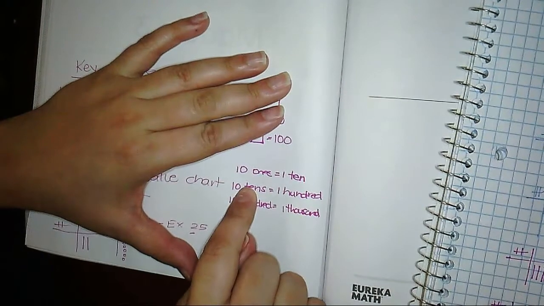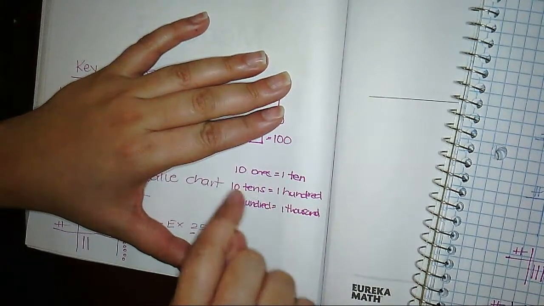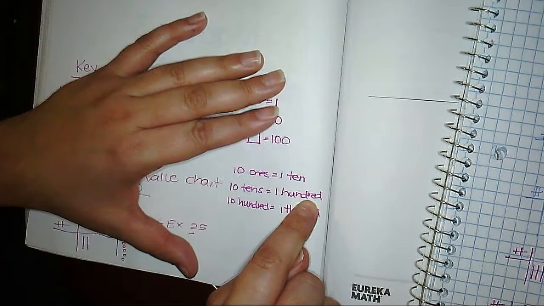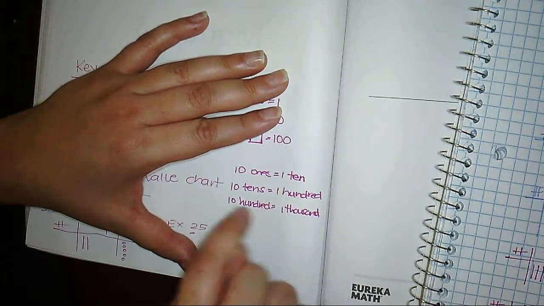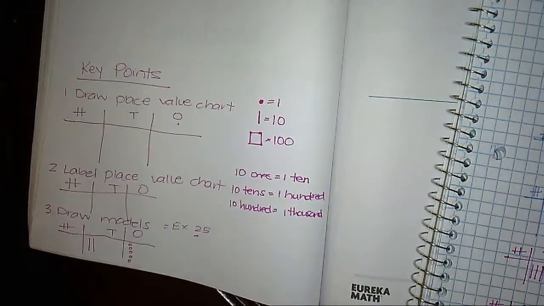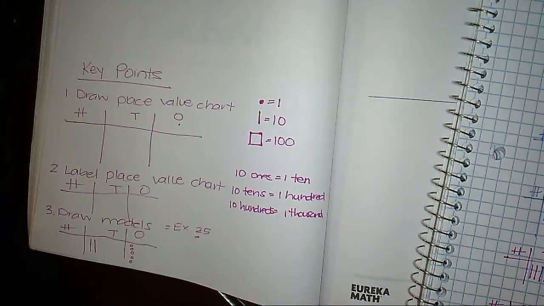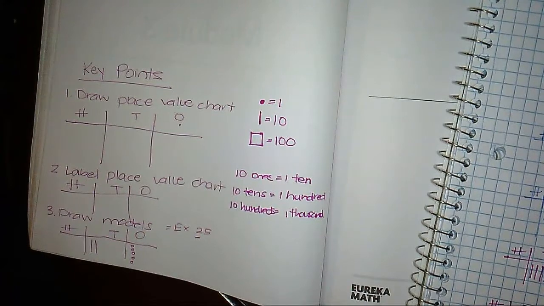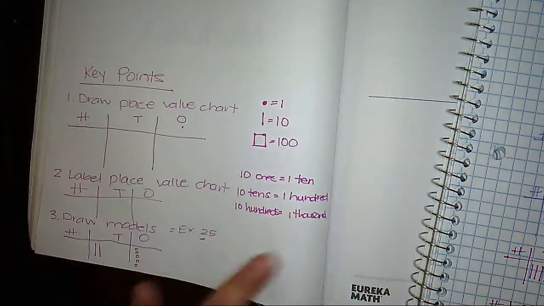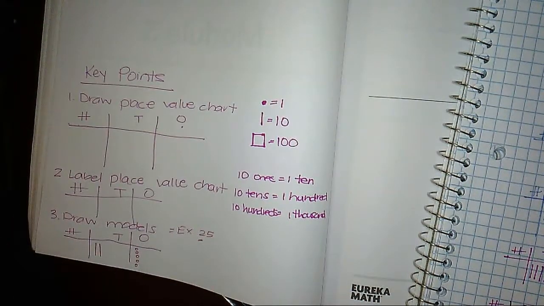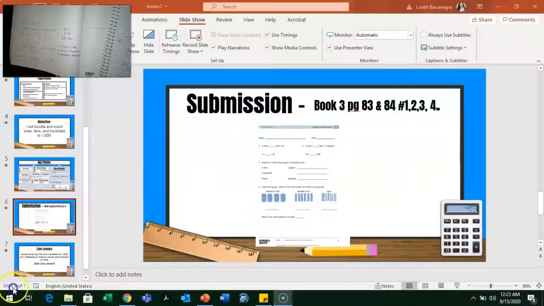When you put 10 tens together, when you combine it and bundle them, you make 100. And when you put 10 hundreds together, when you bundle them, they make 1,000, boys and girls. Okay, this is very important for the rest of the module, boys and girls. We need to remember those facts.